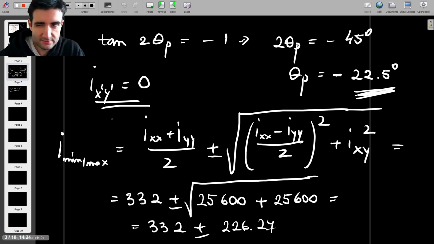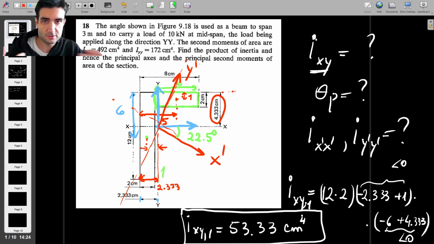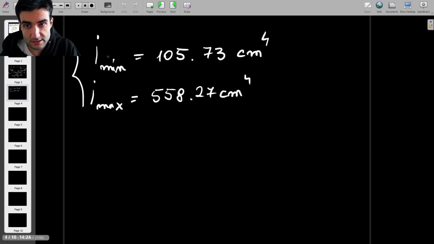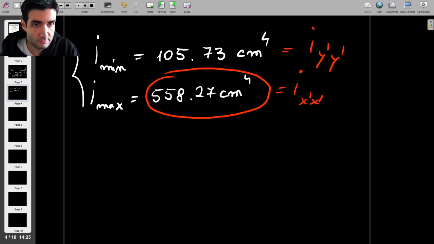And we can look at it and guess from inspection which is which, right? So if we look at the y prime axis compared to the x prime, it looks like if you look at the x prime, there's more area away from the x prime, which means that this corresponds to I x prime, and this one is I y prime, like this.